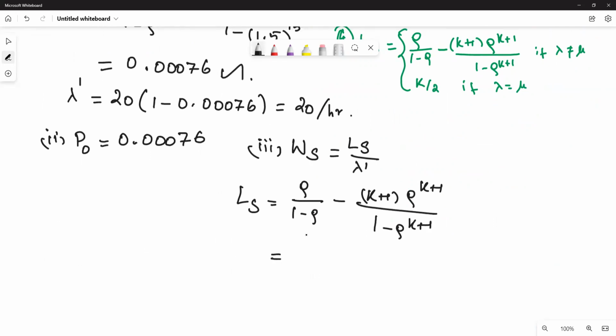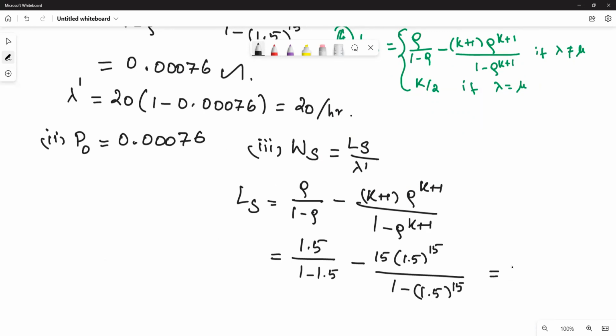Rho is 1.5, so LS is 1.5 divided by 1 minus 1.5, minus 15 times 1.5 to the power 15, divided by 1 minus 1.5 to the power 15.